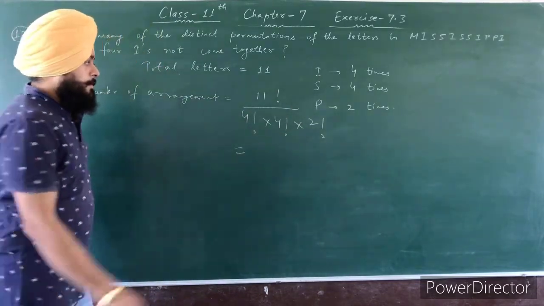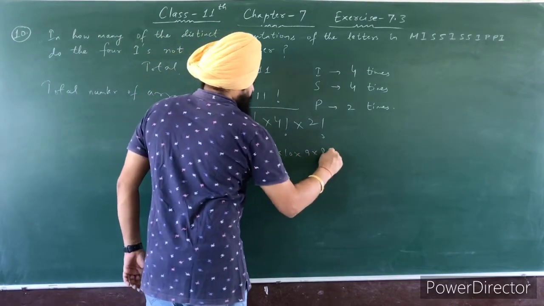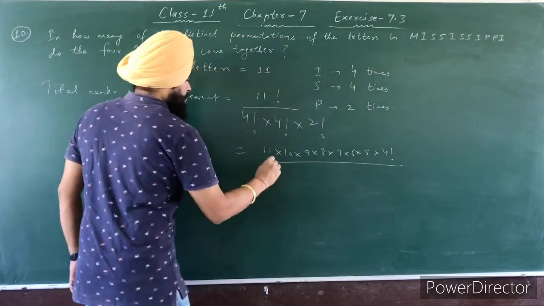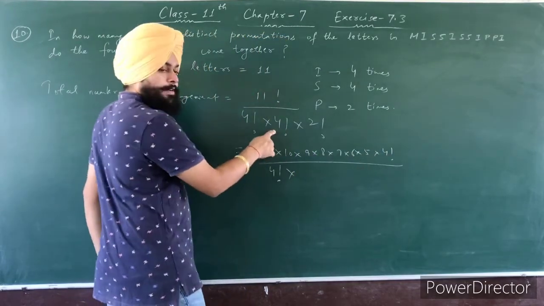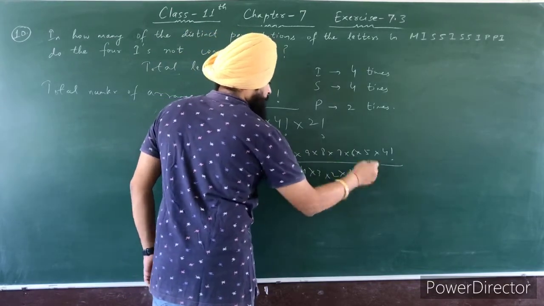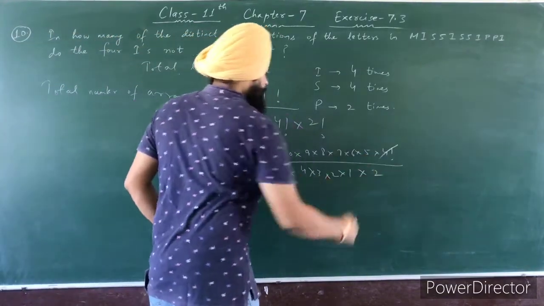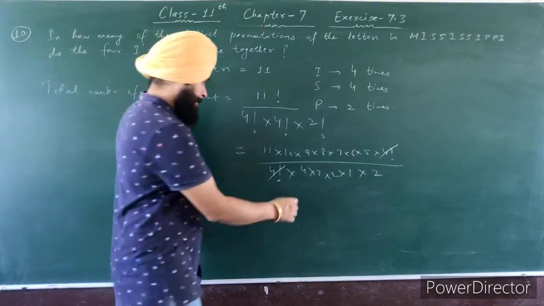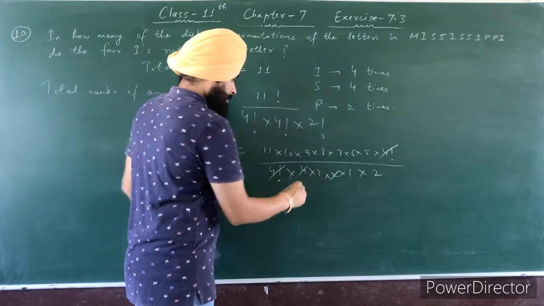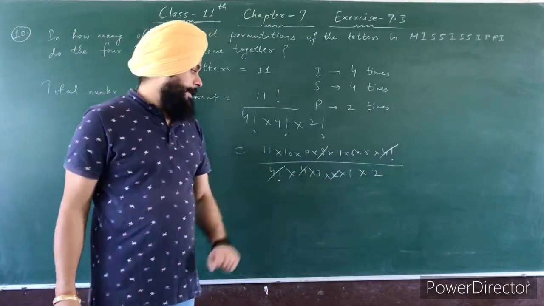Alright. So now 11 factorial: 11, 10, 9, 8, 7, 6, 5, 4 factorial. Write this 4 factorial as 4 3 2 1. Now the next step is 4 factorial, 4 factorial. Now again 4 2s are 8, 8 cancel.